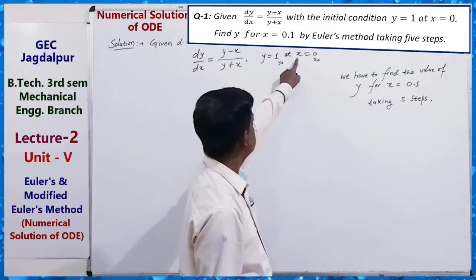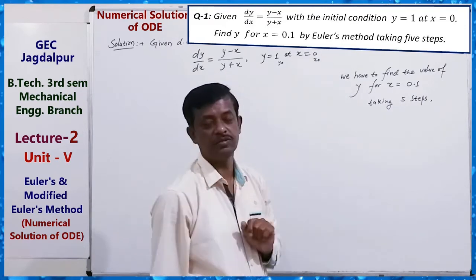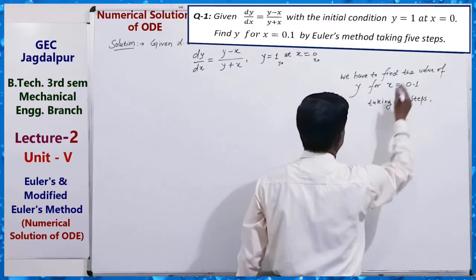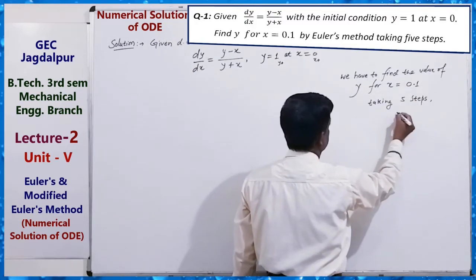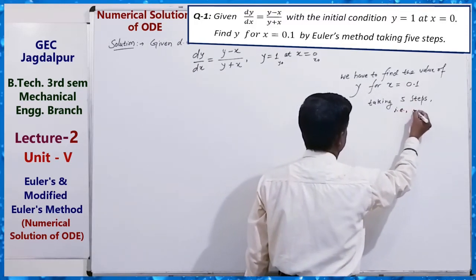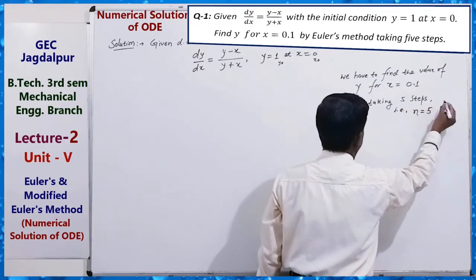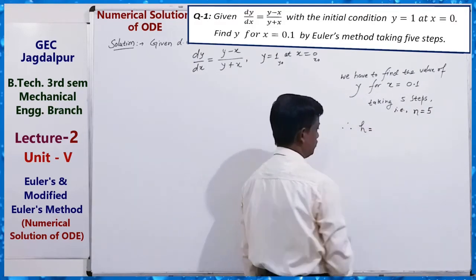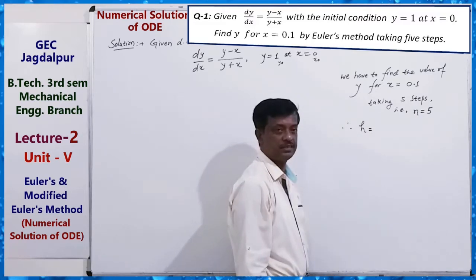The initial value is x0 and the targeted value is 0.1, and n equals 5. Therefore, what will be the value of h?